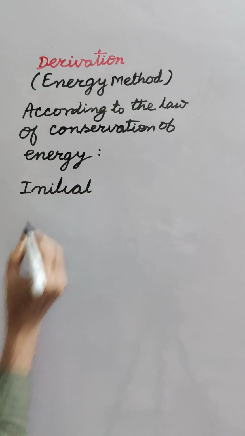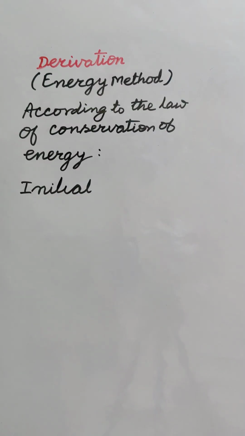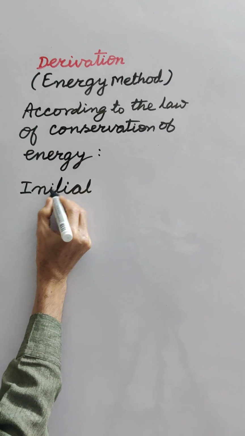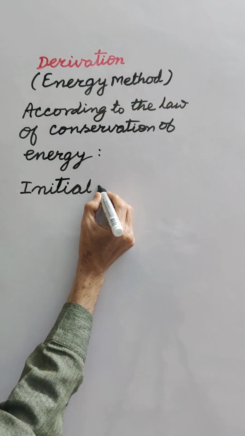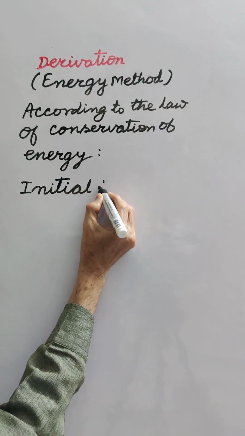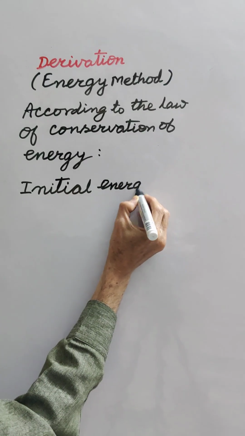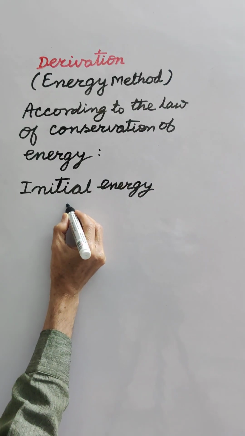Energy can neither be created nor be destroyed. So this way initial energy is equal to final energy.